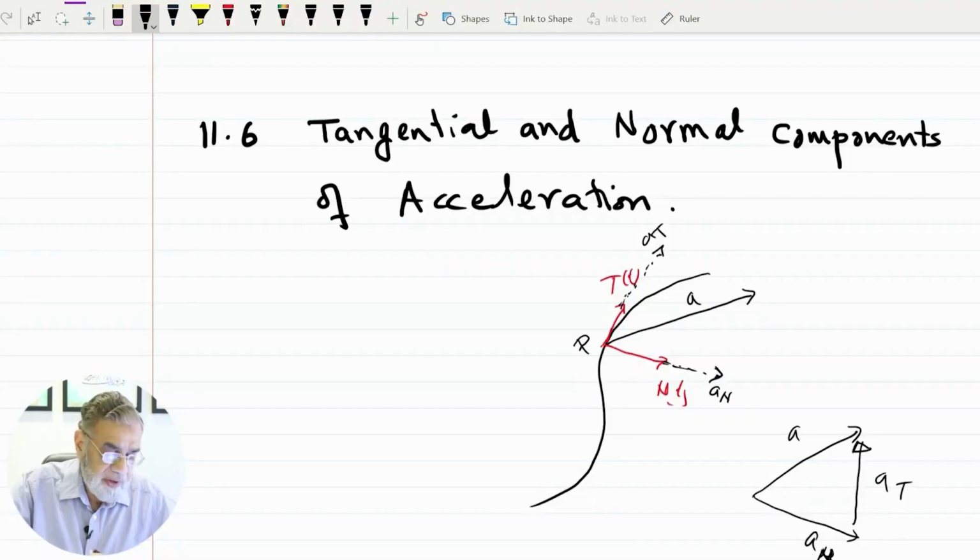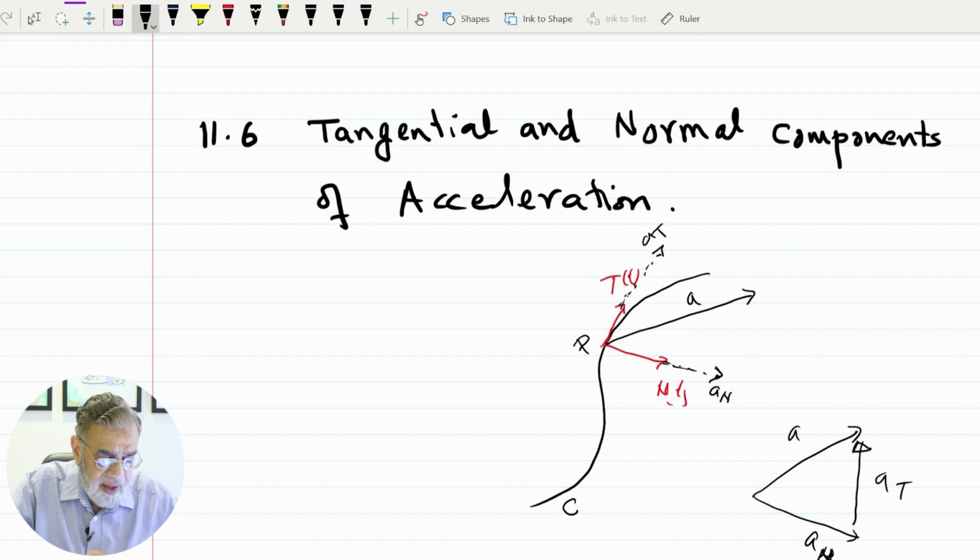So we can distribute our vector A along the tangent to the line and normal to the line. Looking at this curve C, we have point P, and at point P we have the unit tangent vector and the principal normal vector. This is my vector A, the acceleration vector. The component along the unit tangent vector is a_T, the value of the component of the acceleration.